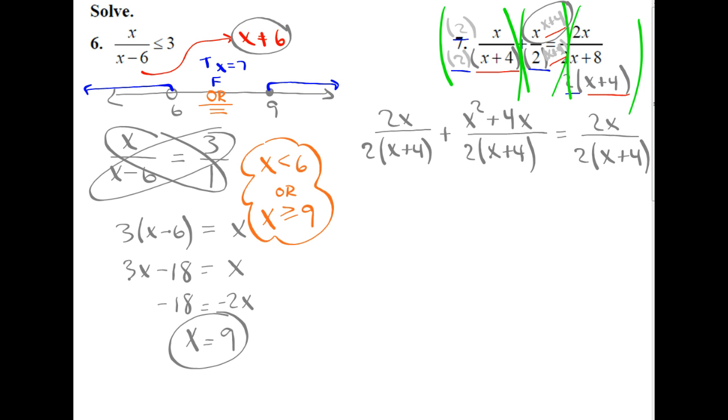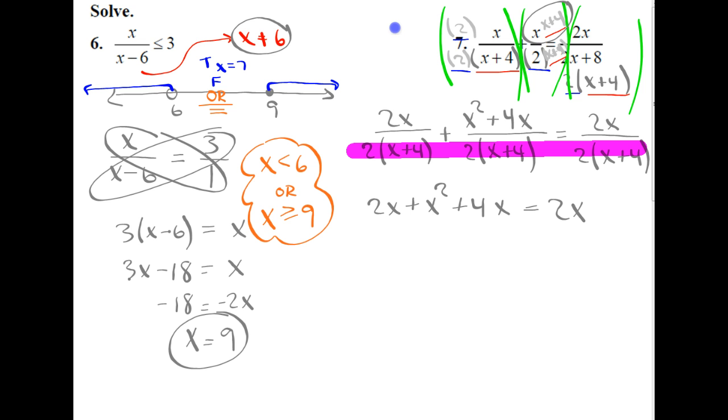And so when I have all the denominators matching, I can just ignore those for a moment and solve the numerators. So I'm going to go ahead and solve the numerators, and I'm going to clean up that equation. So I have 2x plus x squared plus 4x equals 2x.